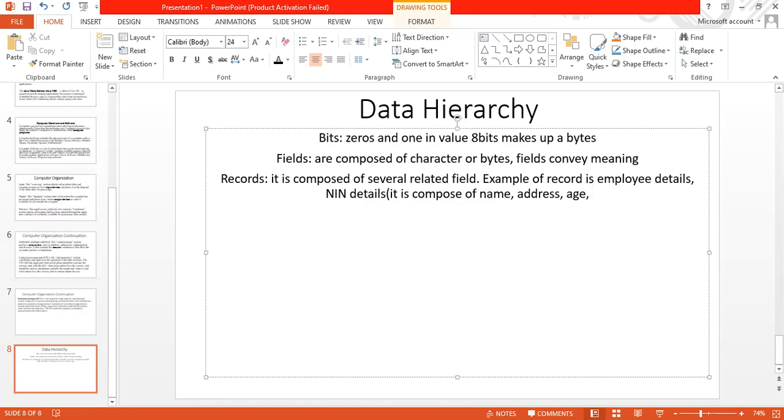We can have nationality, religion, and marital status. So the combination of all these makes up a record.